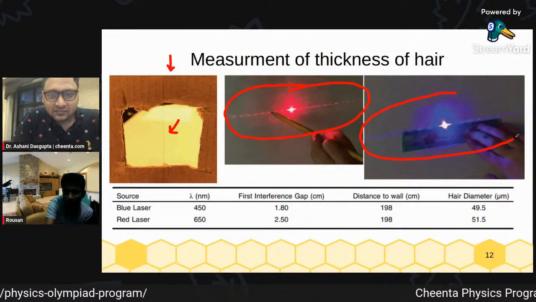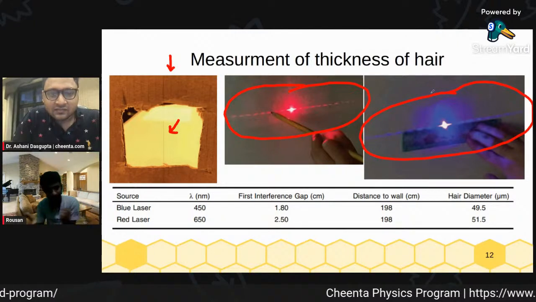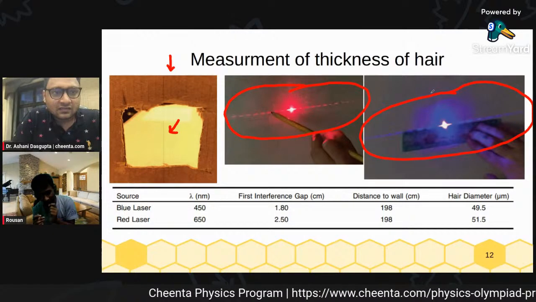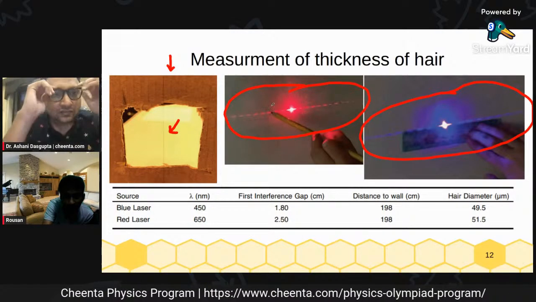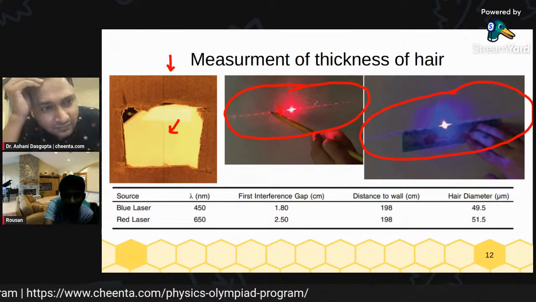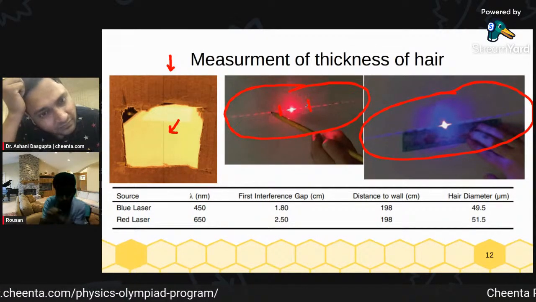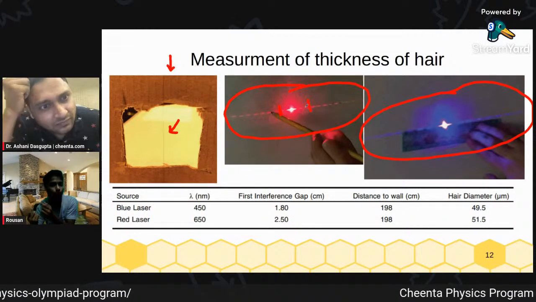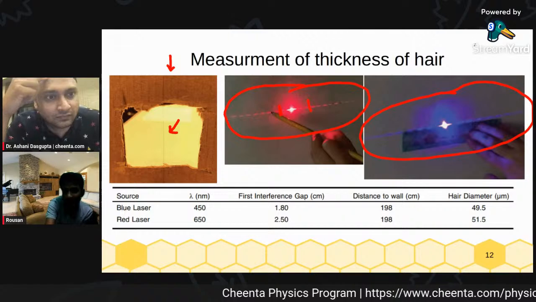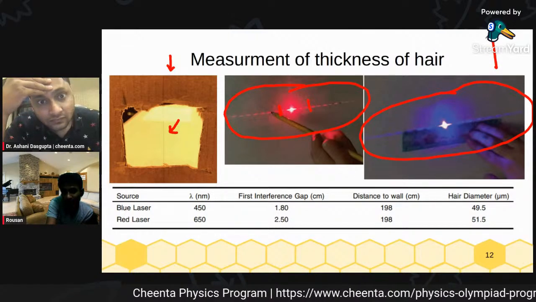This experiment was done with two different lasers, and this is the diffraction pattern. What you can do is measure this length, the distance between this and this, two first minima. So what I'm saying is that on the screen the pattern is like this.